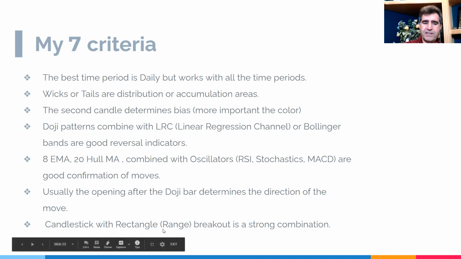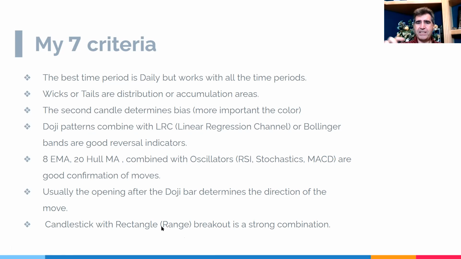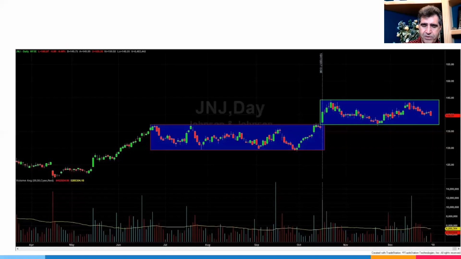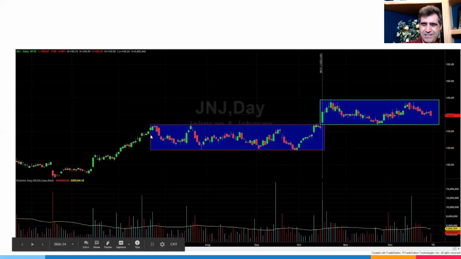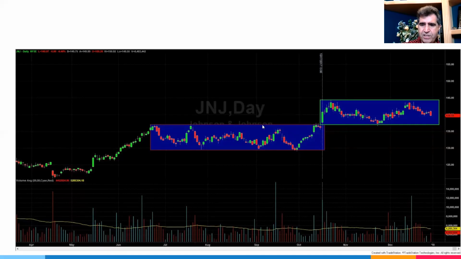And the seventh thing is using classic patterns with candlesticks. It's a powerful combination. So with a rectangle, for instance, a range bound, when there's a breakout, if you have a large candle breakout with good volume, that tells you that this will continue. And I'll use an example. This is 2017, I used J&J, Johnson & Johnson.